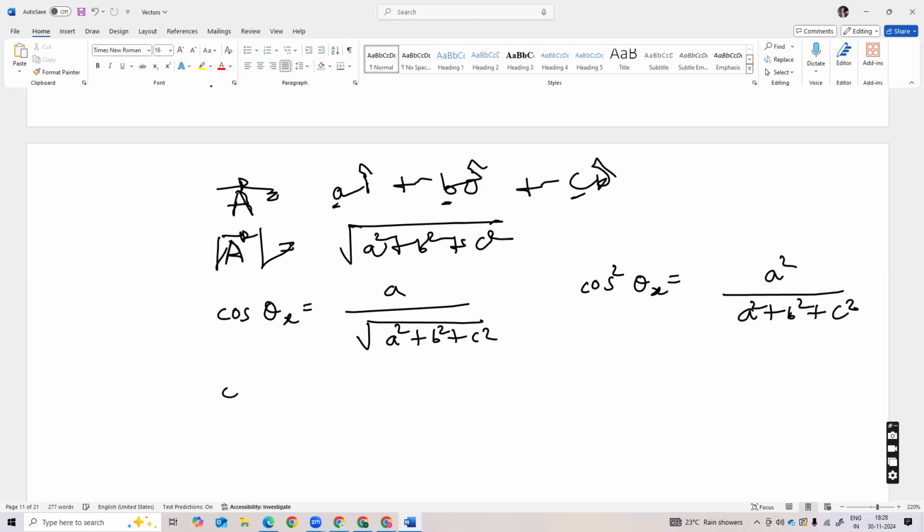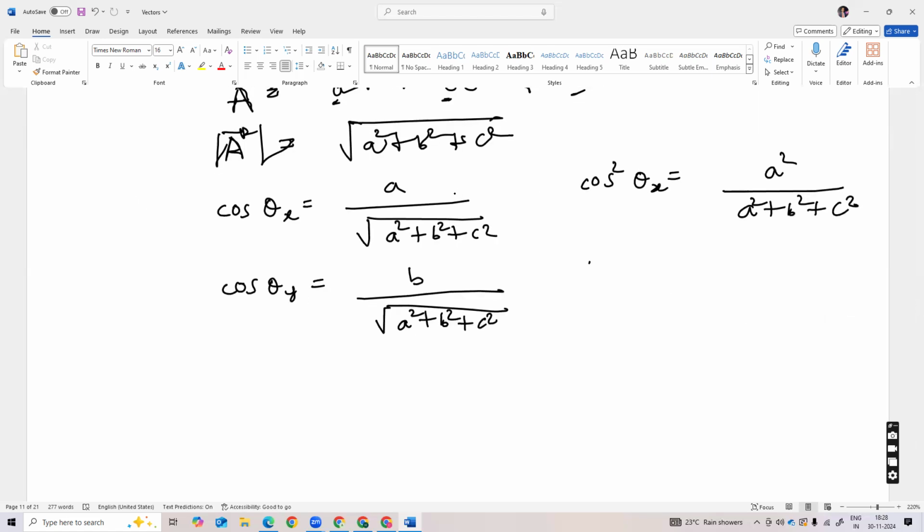Similarly, if you find out cos theta y, it is b upon square root of a square plus b square plus c square, and its square, basically cos square theta y is b square upon a square plus b square plus c square.